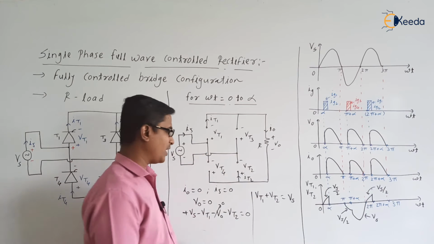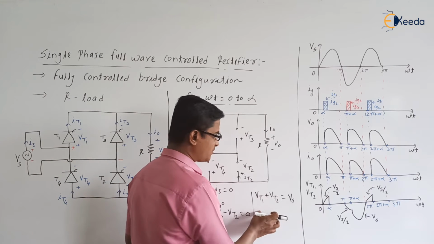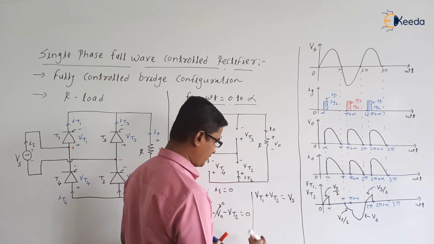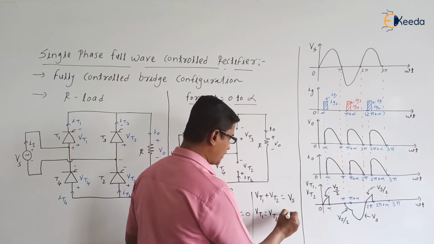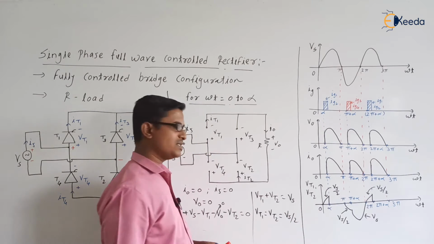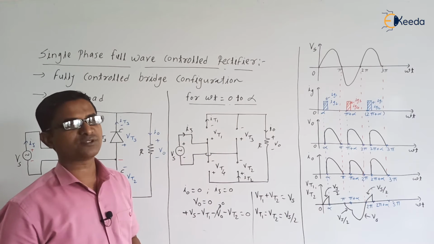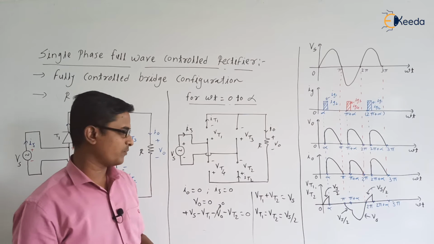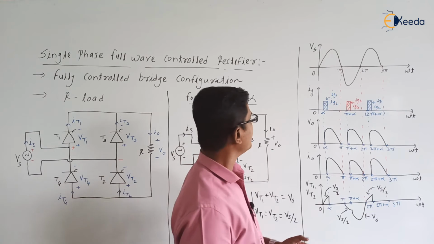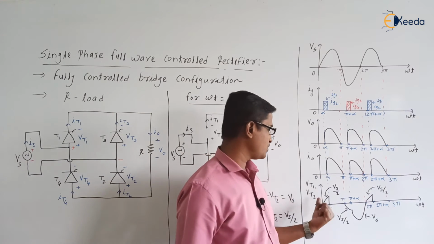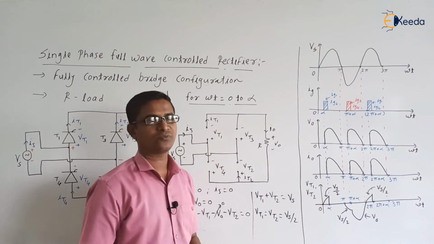So therefore can we write it as this voltage Vs will be divided equally? Yes, so Vt1 is equal to Vt2 is equal to Vs by 2. Are you getting the point? So from 0 to alpha, V0 is 0, I0 is 0, Vt1 and Vt2 is Vs by 2.